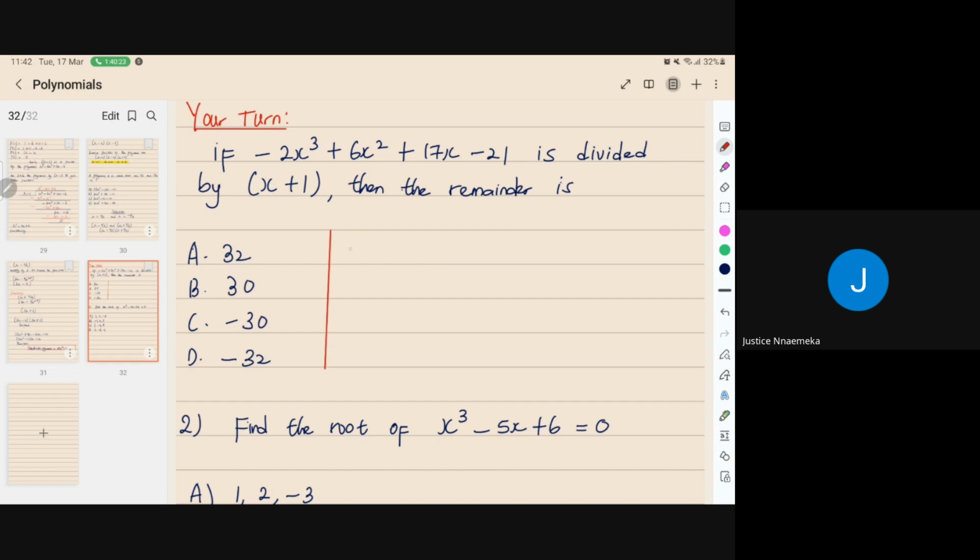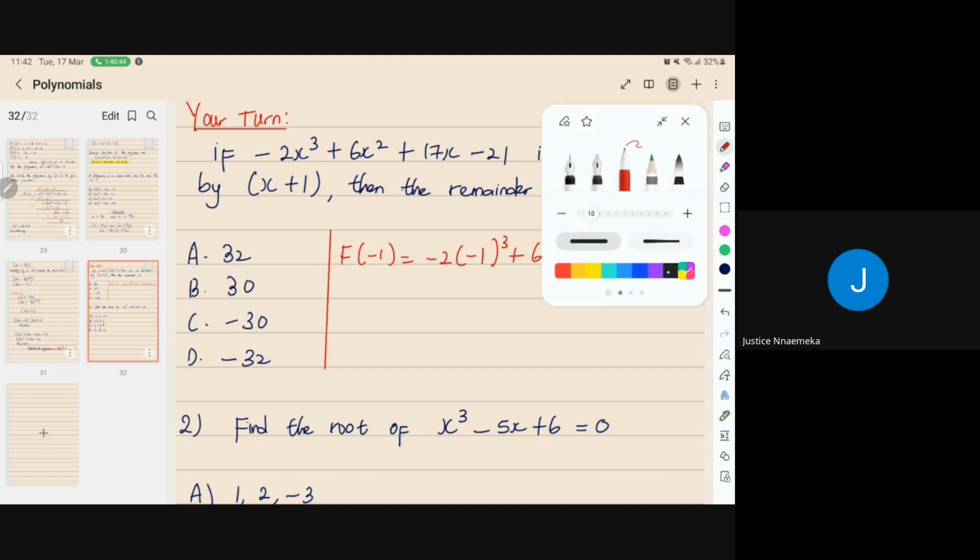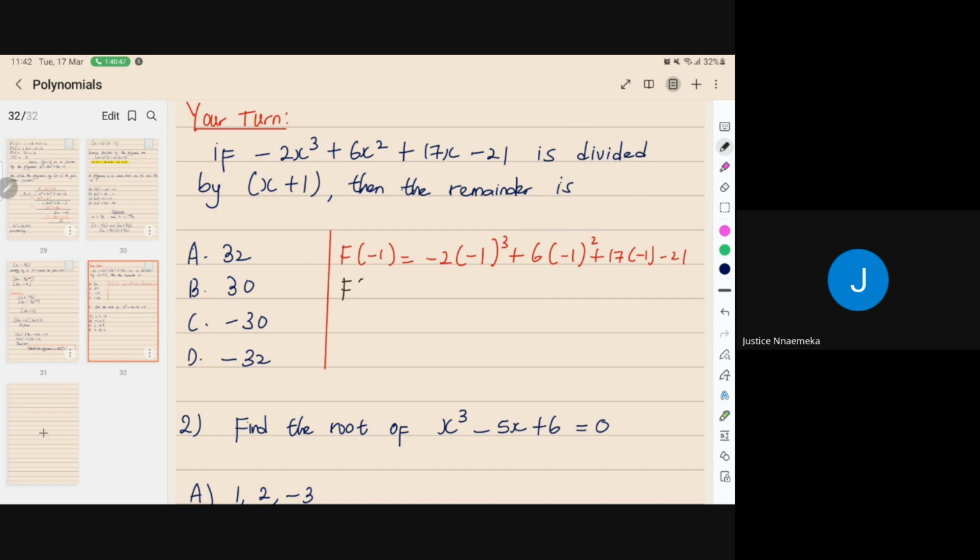Let's go. So that means we're plugging in -1. f(-1) will be equal to (-1) to the power of 3 plus 6 times (-1) squared plus 17 times (-1) minus 21. (-1) cubed gives us -1, then plus 6 times (-1) squared, which is 1, gives 6, then this will give -17, minus 21.